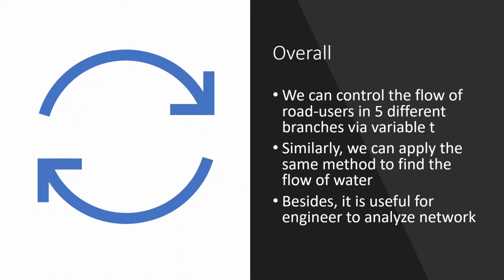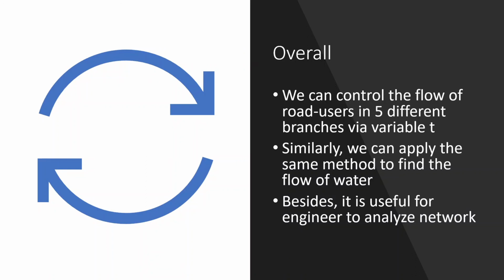So overall, we can control the flow of road users in different ranges via the variable t, as we see in problem 1. Similarly, we can apply the same method to find the flow of water.